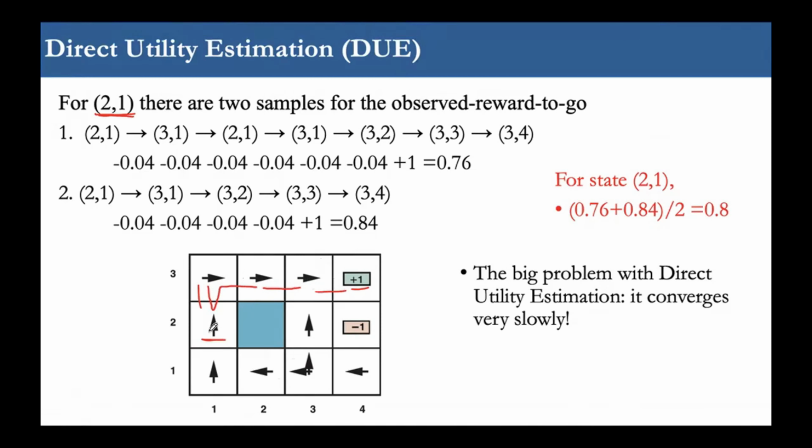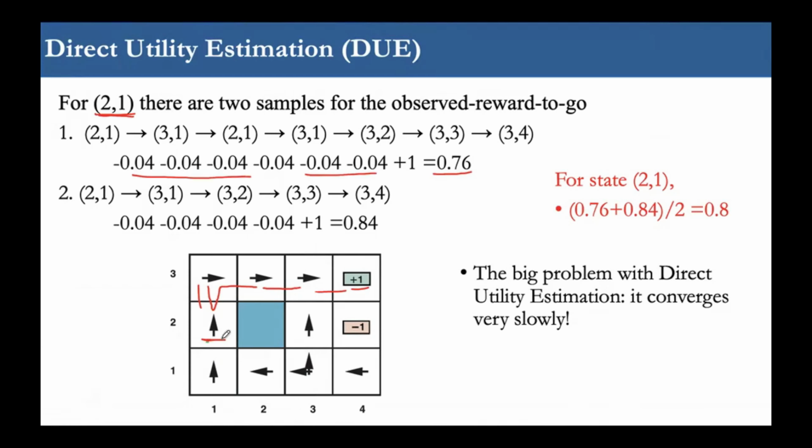Now we need to calculate the total reward value. So when we calculate the total reward value, we get 0.76. Okay. Now from 2, 1 itself, another movement is also happening. That is, we will be doing so many epochs, right? So another epoch is happening from the same 2, 1 position.